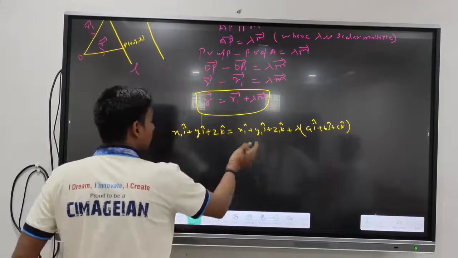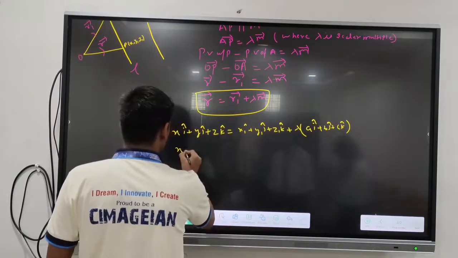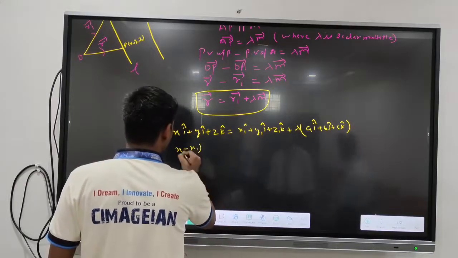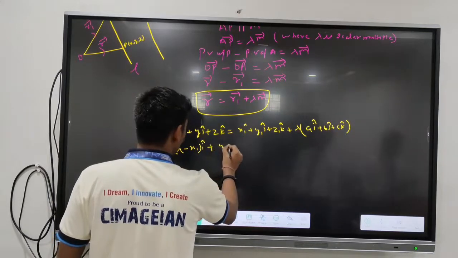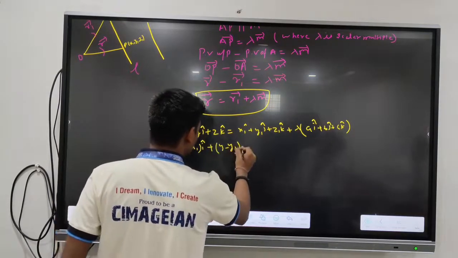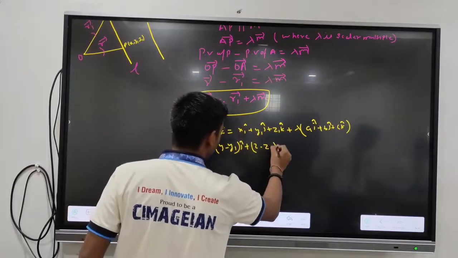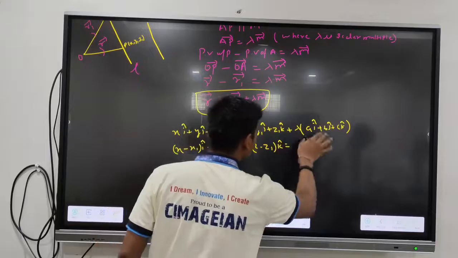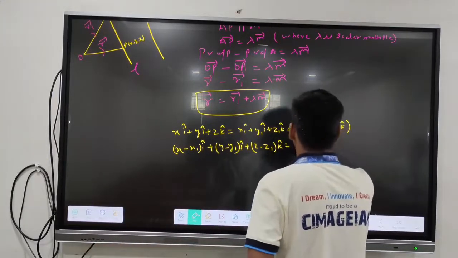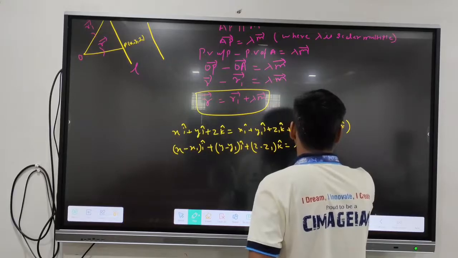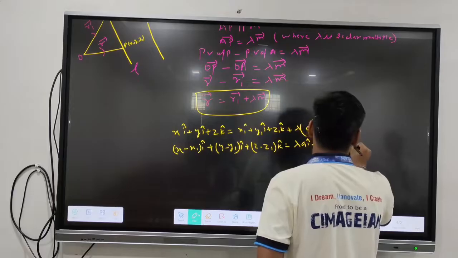Now we can solve this equation. Here x minus x1 into i cap plus y minus y1 into j cap plus z minus z1 into k cap, and here we multiply both by lambda, it means lambda a i cap plus lambda b j cap plus lambda c k cap.